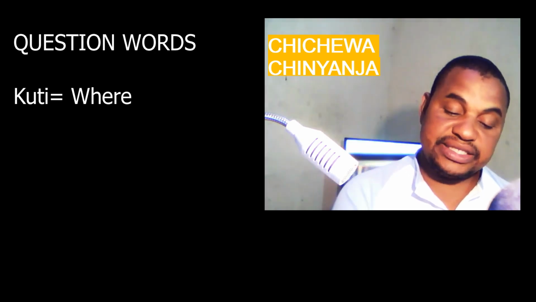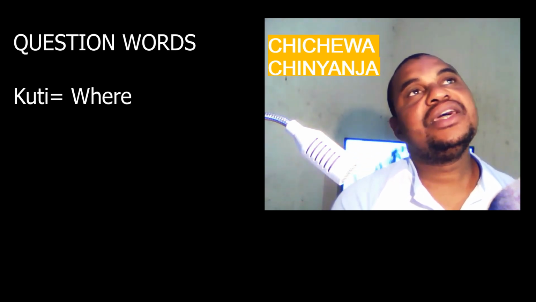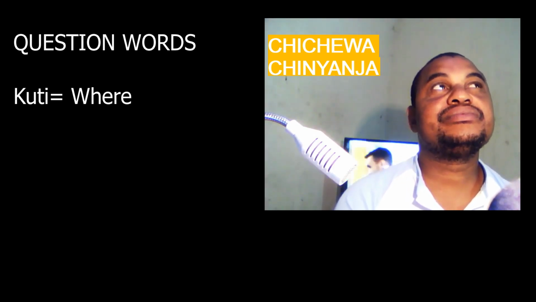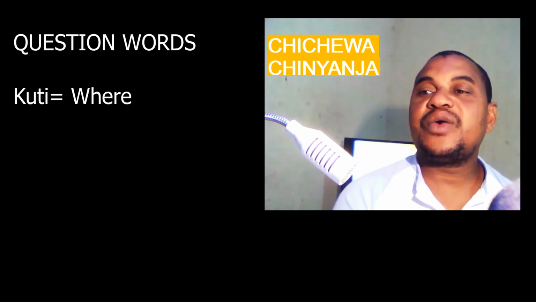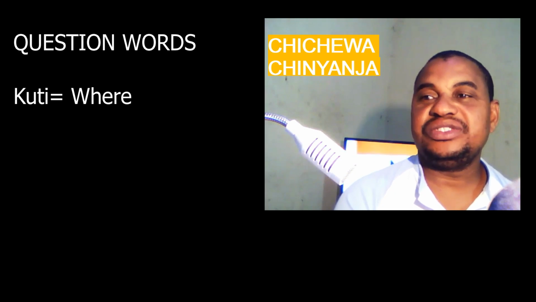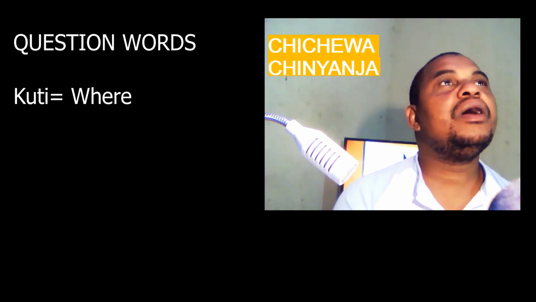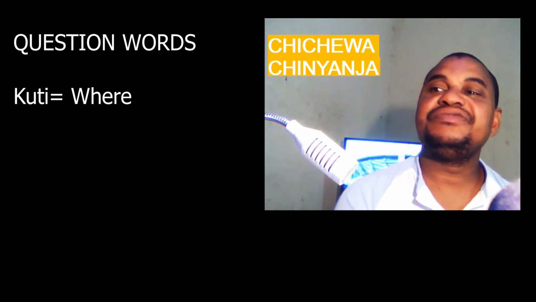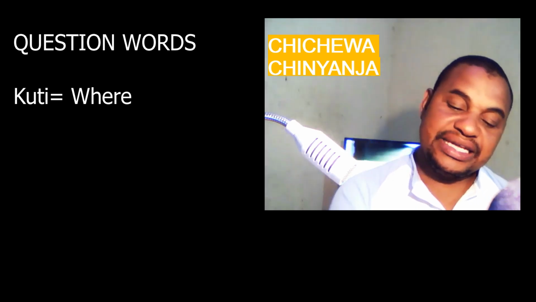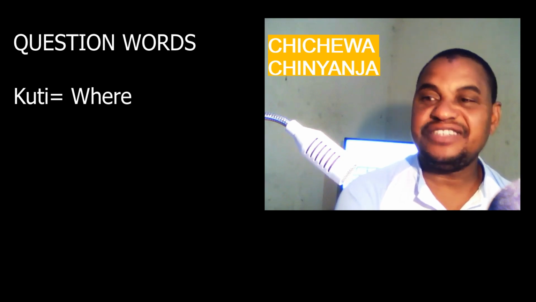The next one is kuti. This word is very interesting because it is also a conjunction or descriptive word as well, but it is a question word, an interrogative word as well.